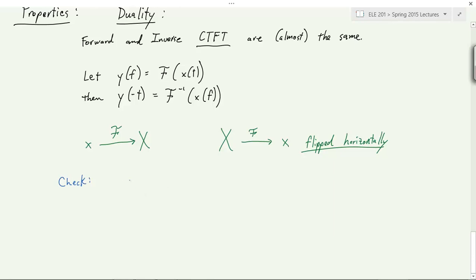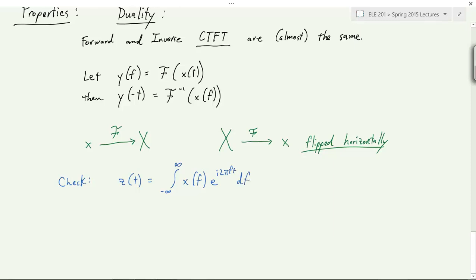Let's say z of t is the inverse Fourier transform of x. I'm using the second equation here. So we have x interpreted as a frequency signal, e to the i 2 pi f t df.